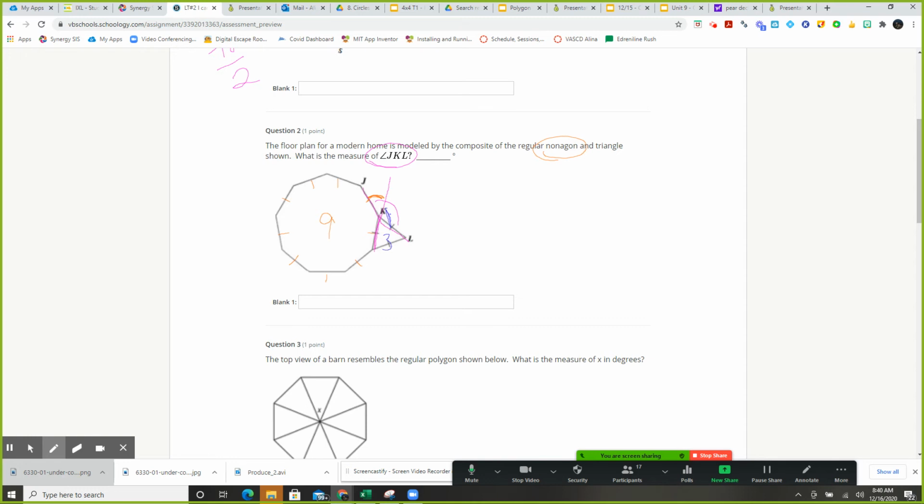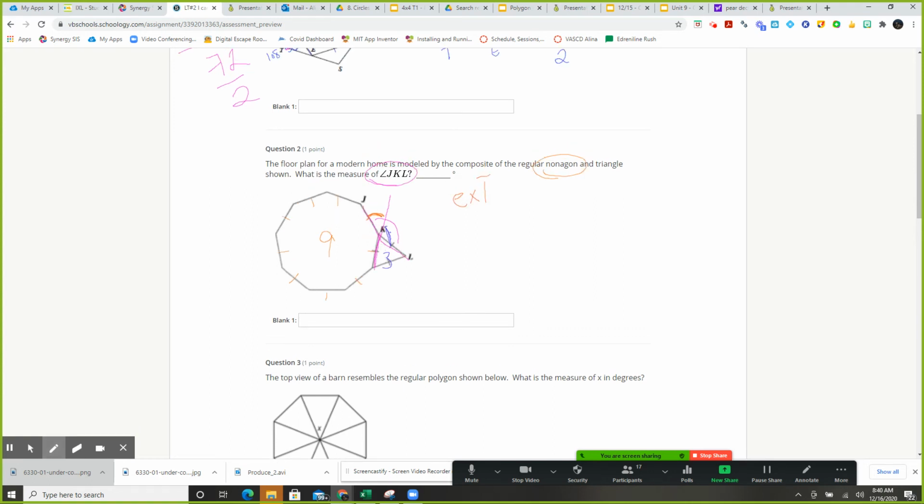So if I'm looking for exterior angles, what do I need to remember? What formula? Exterior angle. Think about a big circle. How many degrees in a circle? 360, absolutely.